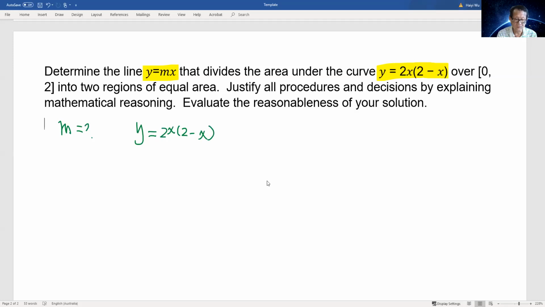When we sketch the graph, we need the x-intercepts and y-intercept. The x-intercepts, in this case, are very easy.